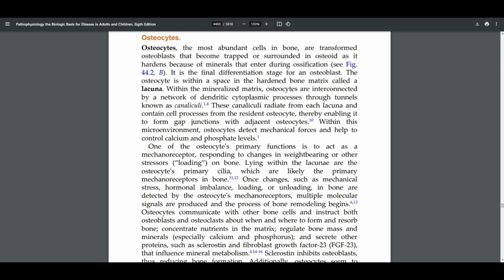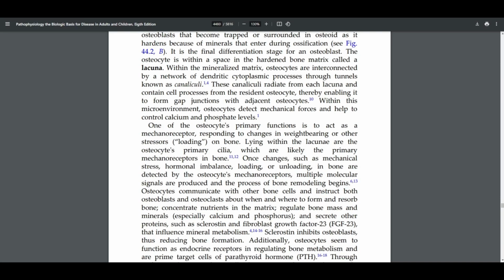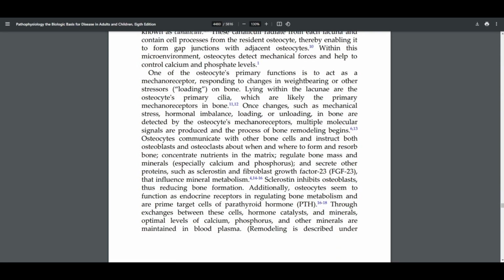Within this microenvironment, osteocytes detect mechanical forces and help to control calcium and phosphate levels. One of the osteocyte's primary functions is to act as a mechanoreceptor, responding to changes in weight bearing or other stressors on bone.